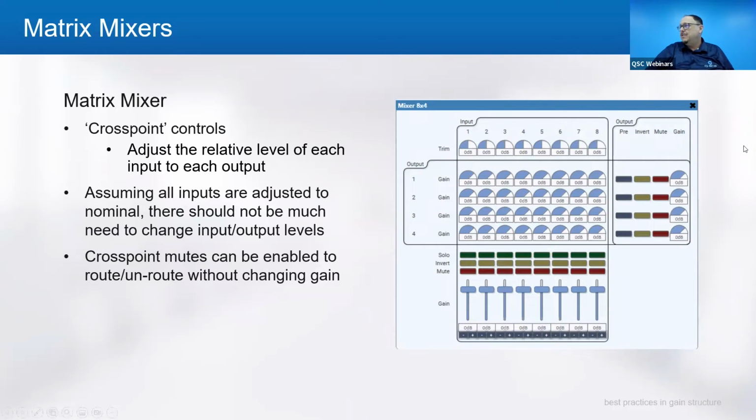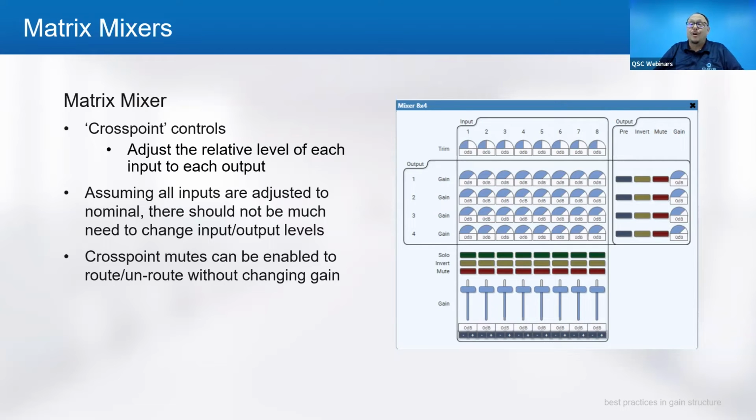If I see all kinds of crazy adjustments on the input and in the cross points, my first thought is that I don't believe the input gains have been set properly. If all your input signals are set properly and you're only running them through some dynamics before the matrix mixer, you shouldn't be making large gain adjustments there. So that's something to look at.